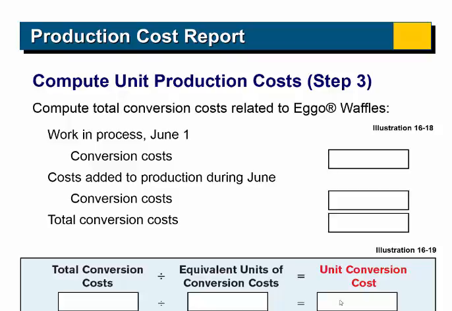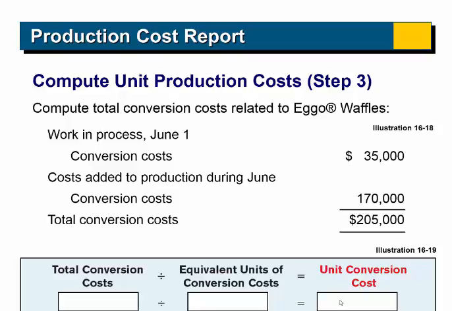As to conversion costs, we had 35,000 that was brought over from May, and we incurred another 170,000 in June for a total of 205,000. And that 205,000 is going to be divvied up across the equivalent units, not the actual physical flow number, not the 900,000, but the 820,000.